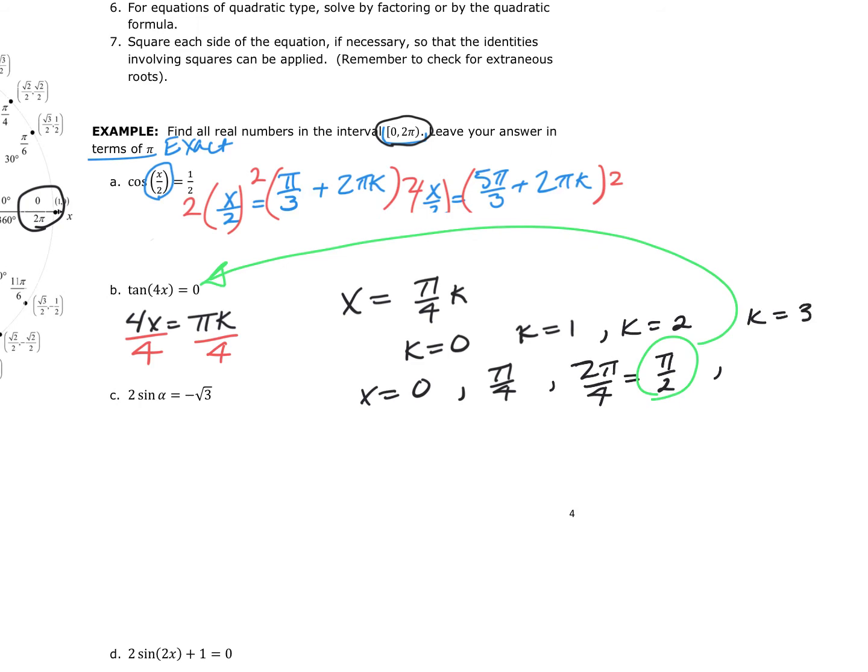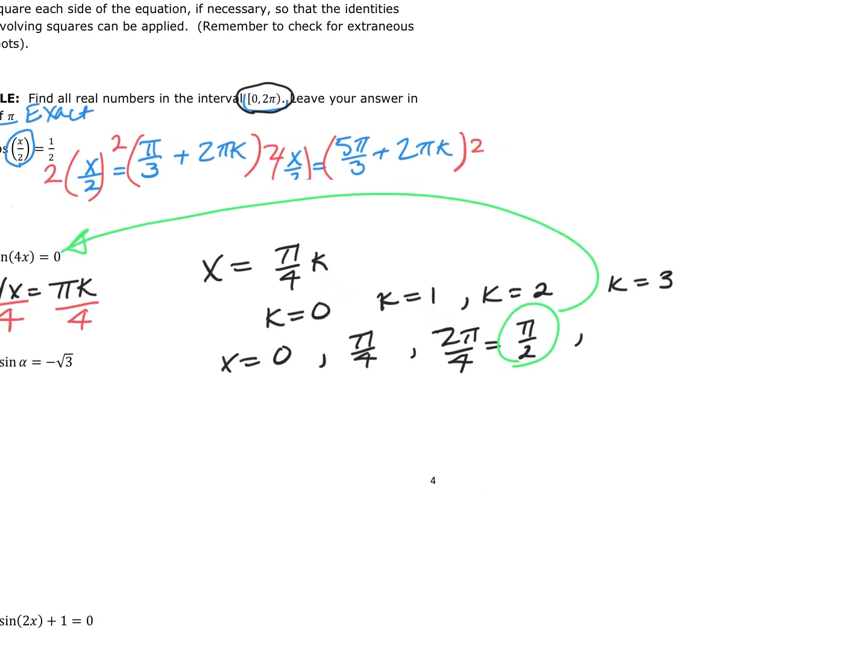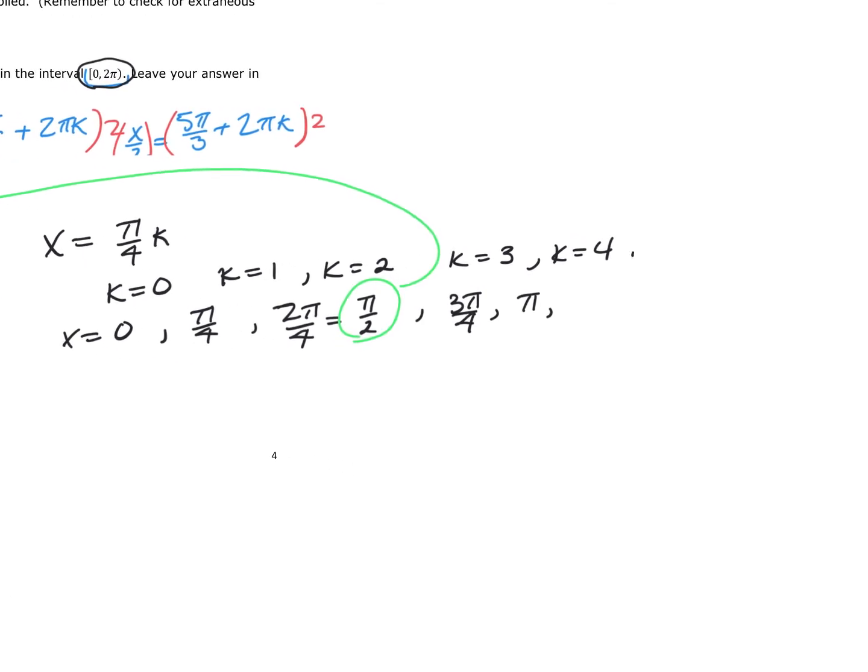When k is equal to 3, I'm going to have 3 pi over 4. When k is equal to 4, I'm going to get pi. When k is equal to 5, I'm going to get 5 pi over 4. When k is equal to 6, I'm going to get 6 pi over 4, which is 3 pi over 2.